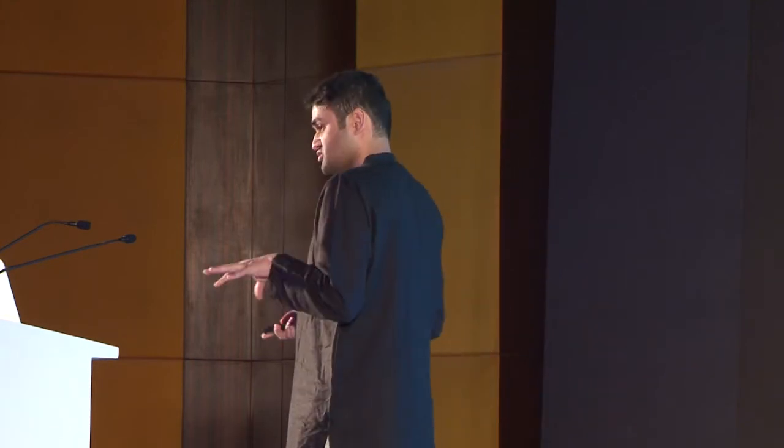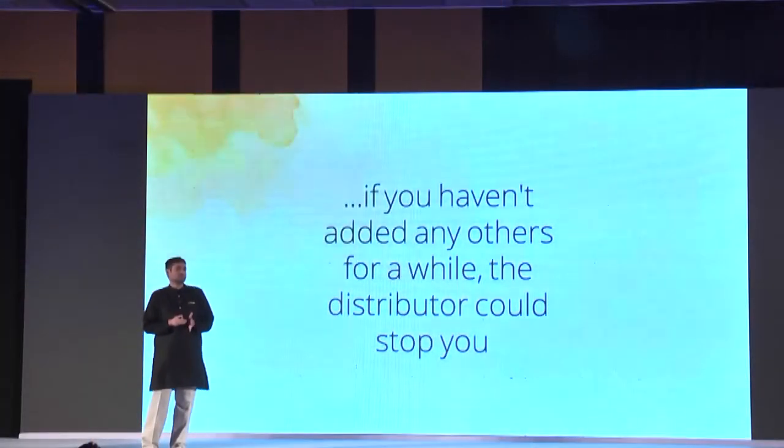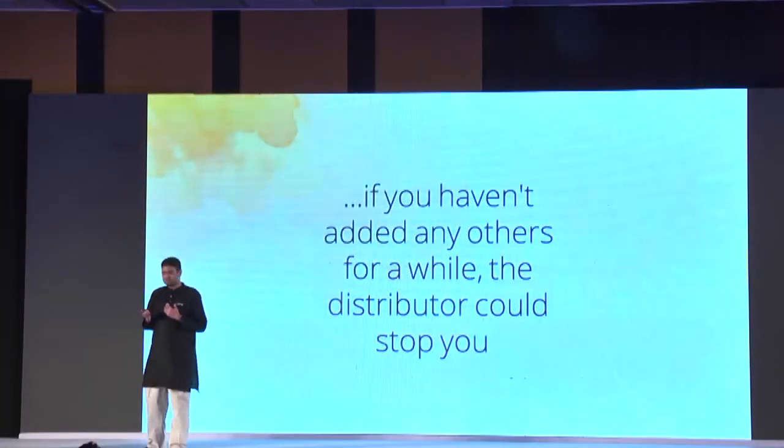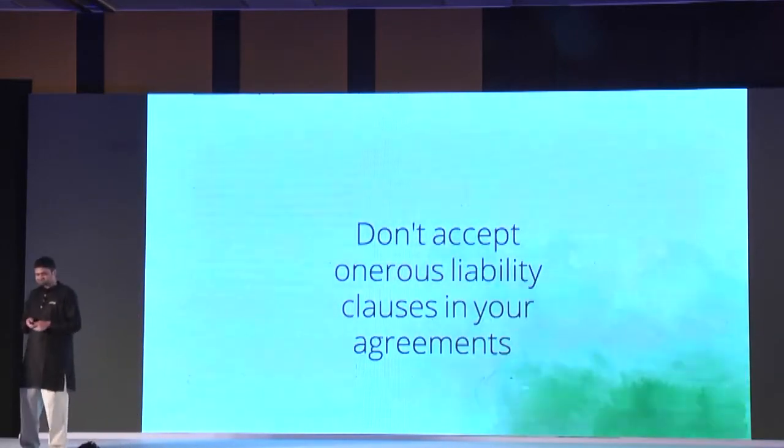Now, unless your agreement was crafted very carefully, that first distributor can stop you from adding any distributors in the future. They can claim that it was an implied exclusive contract because they were the only distributor in that country and you haven't set up anybody else. So these are the kinds of things that can bite you later. If you said in the original agreement, this is a completely non-exclusive arrangement, then you're fine. But if you've missed something like that, then these are the things that can happen later on.